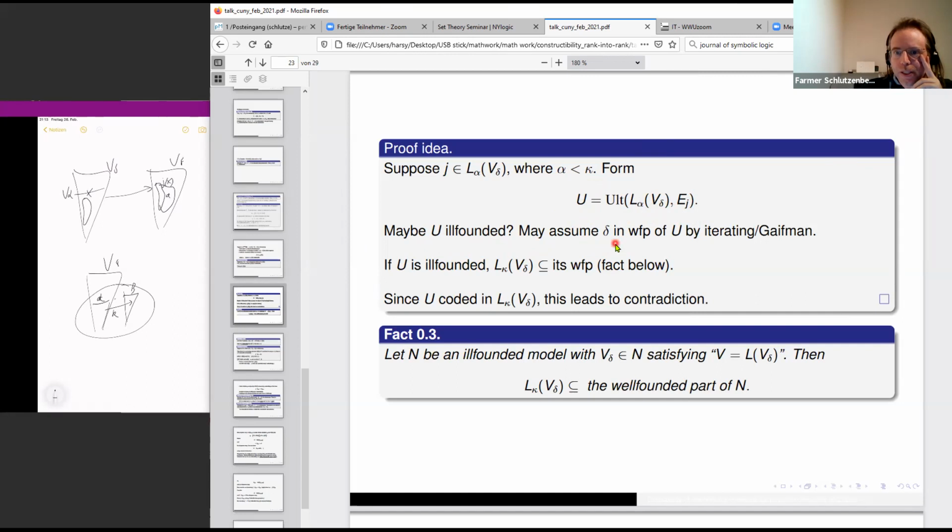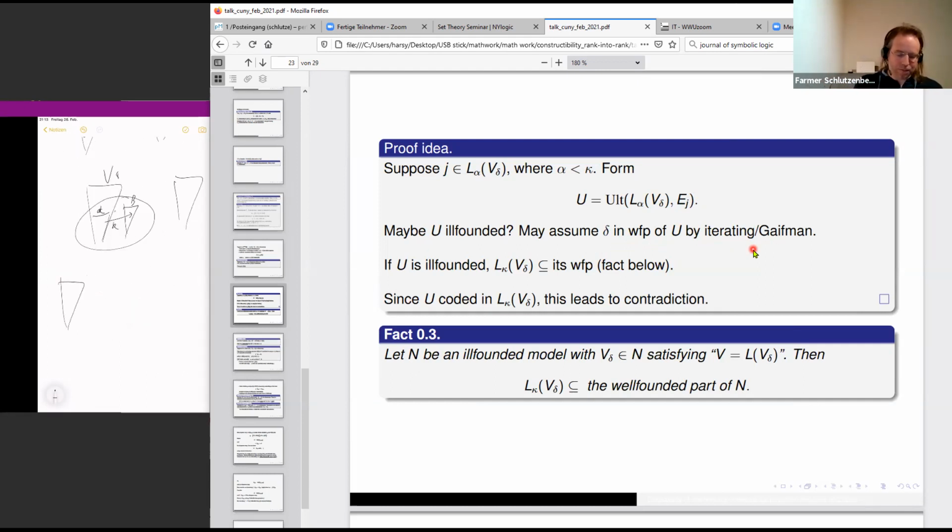So it might be ill-founded. However, when you take the ultrapower by this extender, you certainly get everything in V delta, that's the same, but delta is the least point that might be ill-founded. However, you can arrange that delta is at least in the well-founded part by iterating in the first place, so you can make sure the ultrapower embedding is continuous at delta.